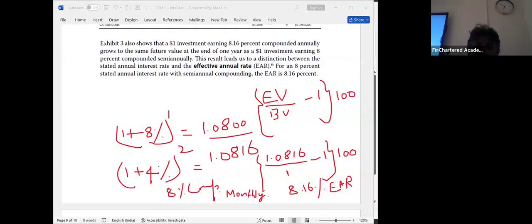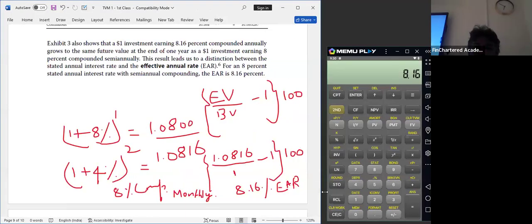So I can say 8% is there. Okay, so 8% divided by 12, right? So 0.08 divided by 12. Then I say 1 plus this one, and then the whole to the power 12.